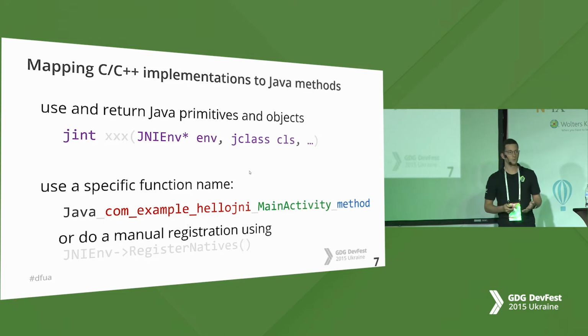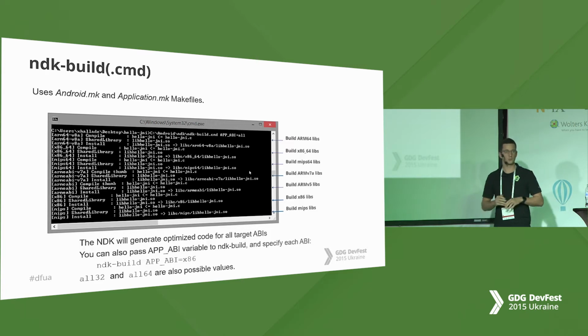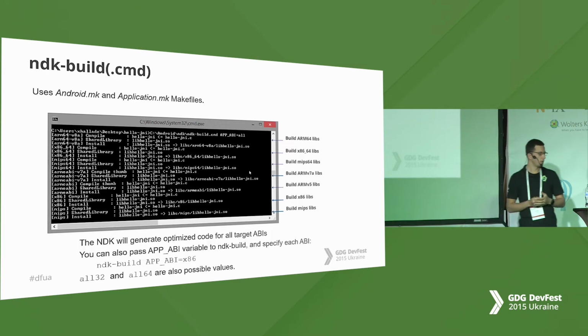But that's to give you an overall picture of how the NDK is working. So I told you, you call System.loadLibrary on a .so file, so on a binary. And the NDK is here to help you generate these binaries.